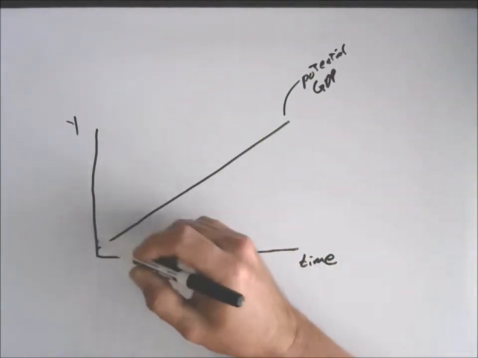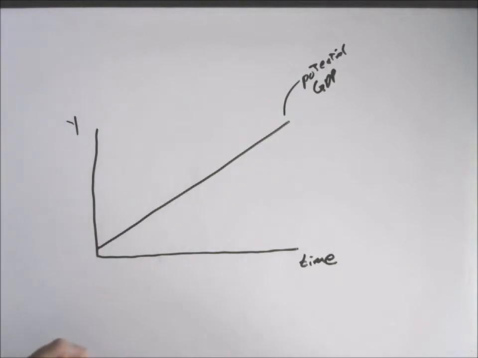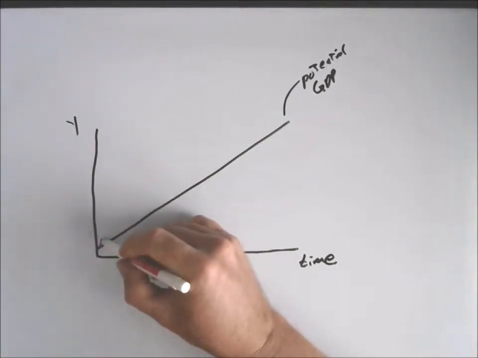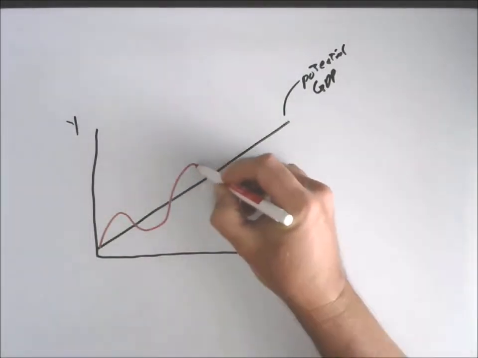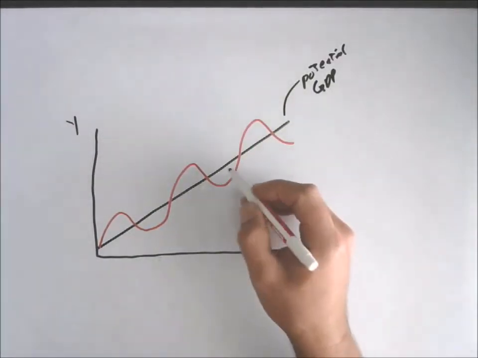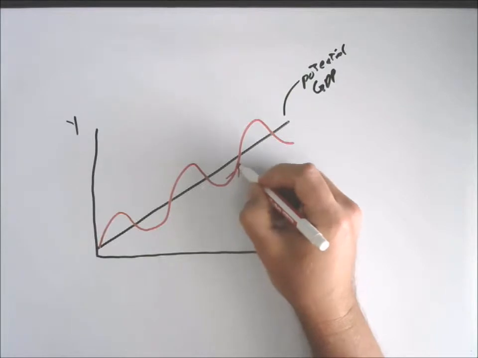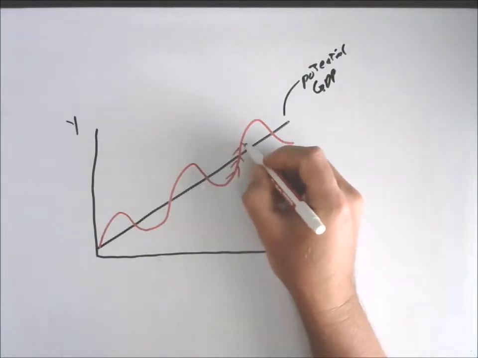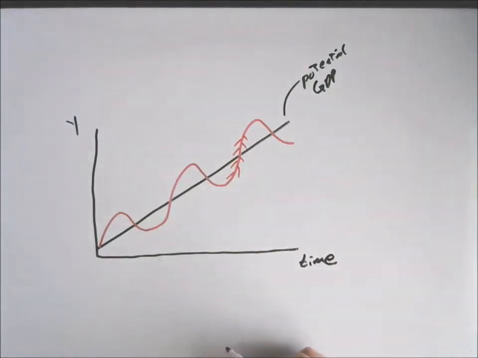A business cycle, however, is a fluctuation around this trend. When we are in the upswing portion of the business cycle, the economy is expanding.